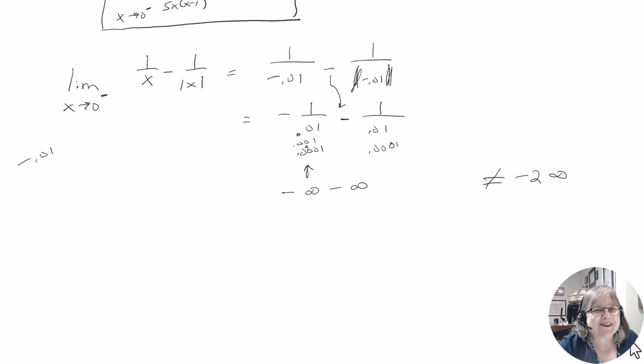Okay, you can't have negative 2 infinity, right? Because what's infinity times 2? It's just infinity. You're just going in that direction. So it's just negative infinity. I get why you want to say that, but we don't have multiples. Okay, so it's just negative infinity.